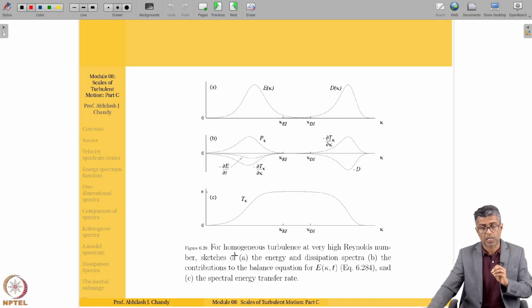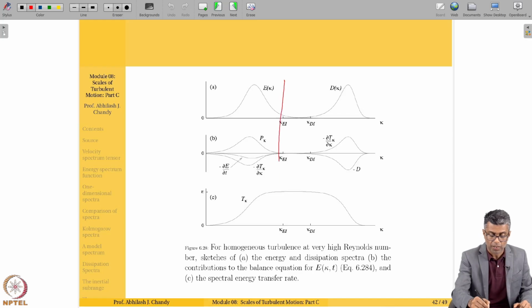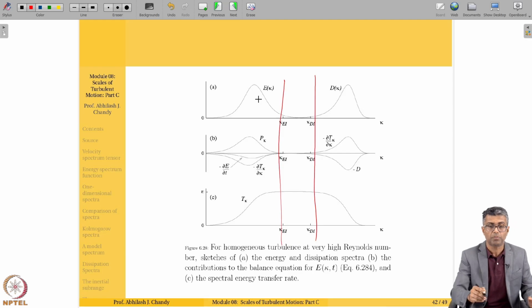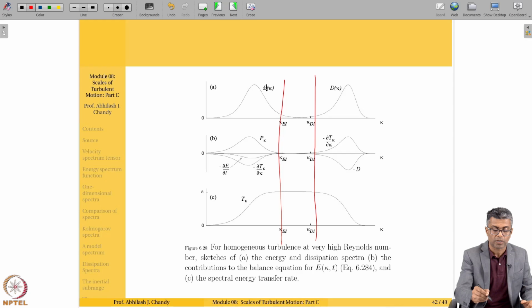This is how it looks like. So you have the entire wave number range. This is your energy demarcation length scale. This is your dissipation demarcation length scale. As you can see, the energy spectrum mostly peaks in the energy containing range.